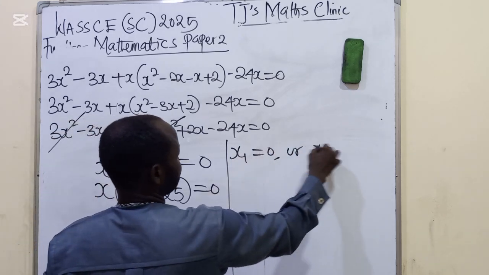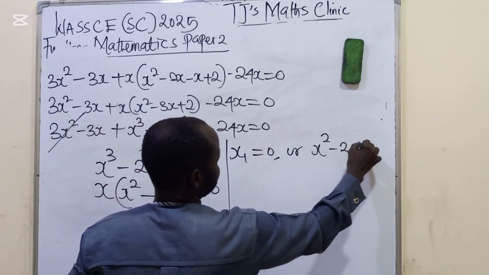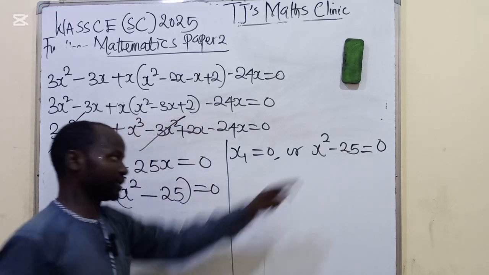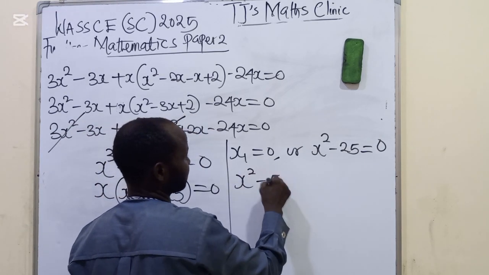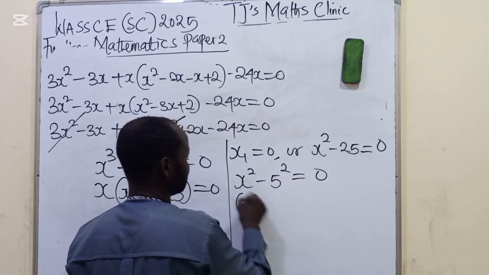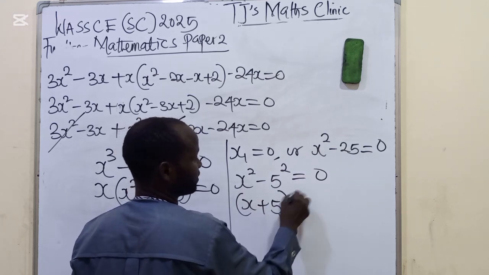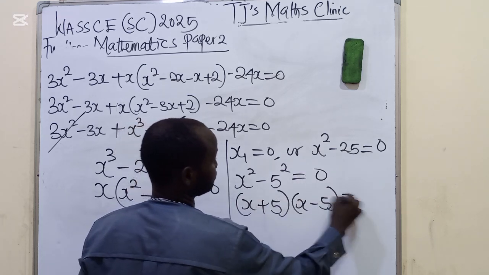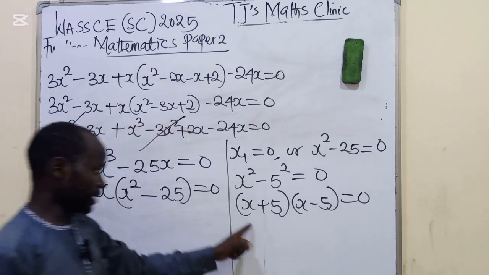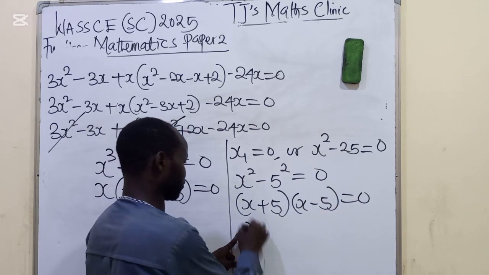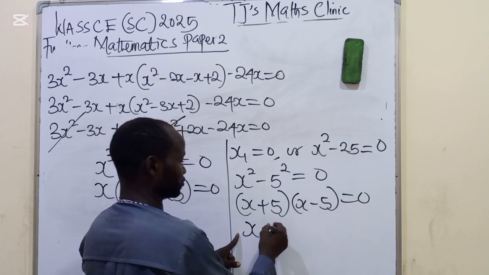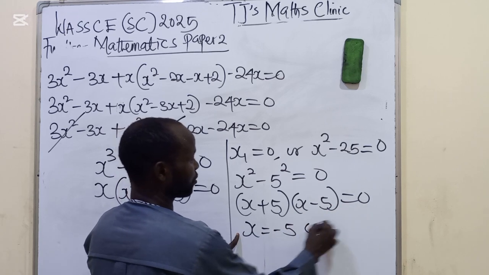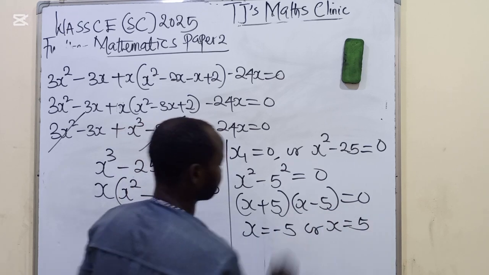Or x squared minus 25 equals 0. We can apply difference of two squares here. That will be x squared minus 5 squared equals 0. This will be x plus 5, x minus 5 equals 0. Either x plus 5 equals 0 or x minus 5 equals 0. So x will be minus 5 or x will be equal to 5.